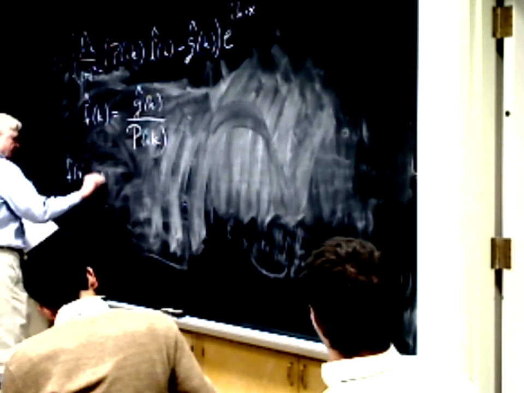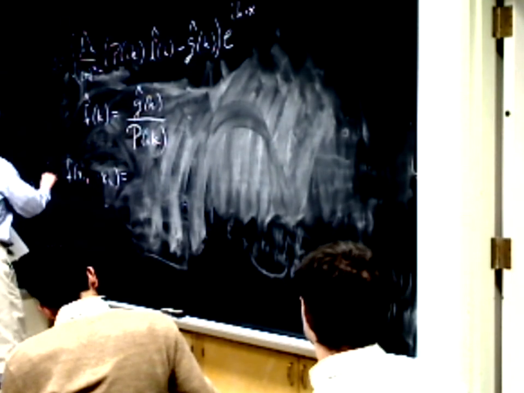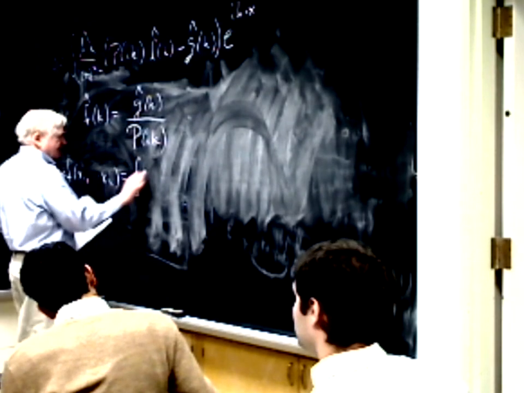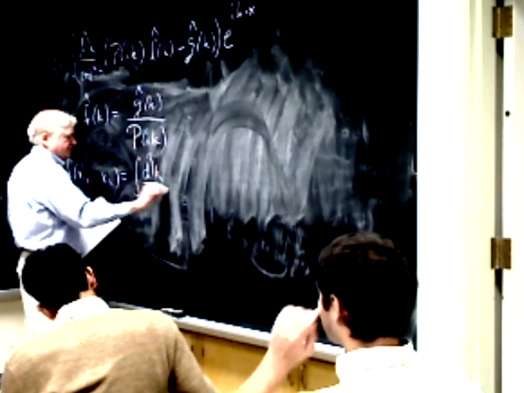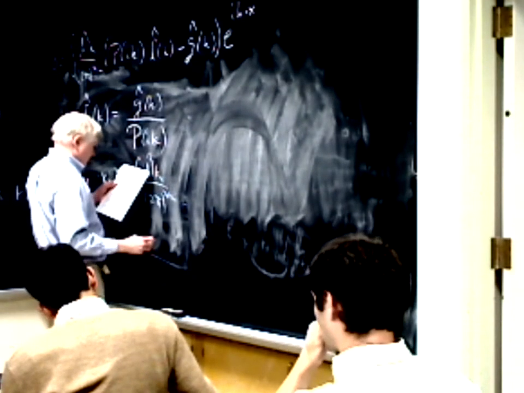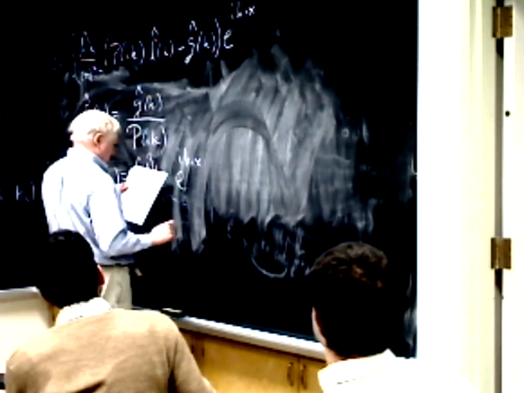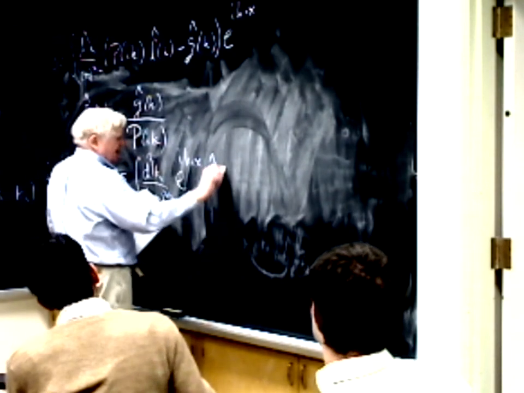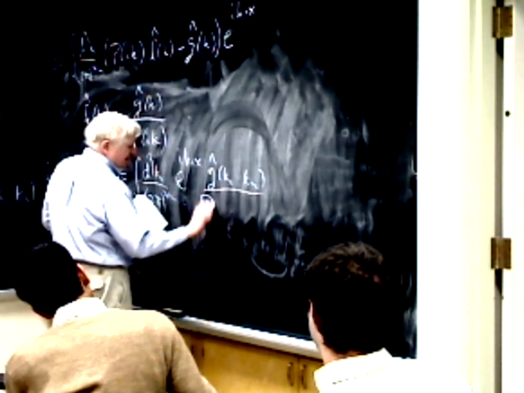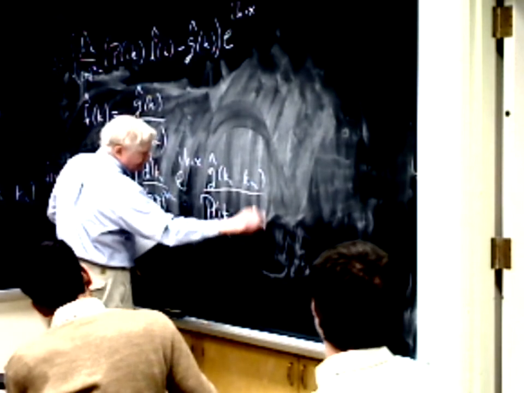And then the function f, let me go back to the conventional notation. You can write it in two ways. F of x equals f of x1 through xn is then the integral d^n k over (2 pi) to the n over 2, e to the i, let me write that as k dot x, g hat of k1 through kn over p of ik1 through ikn.